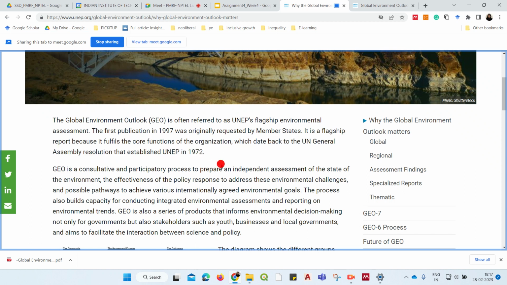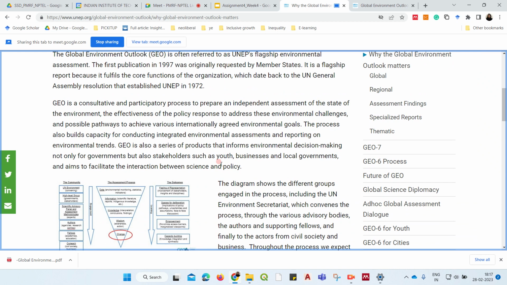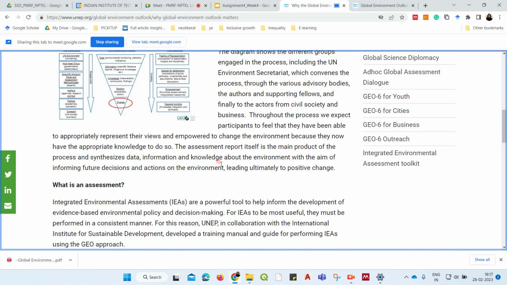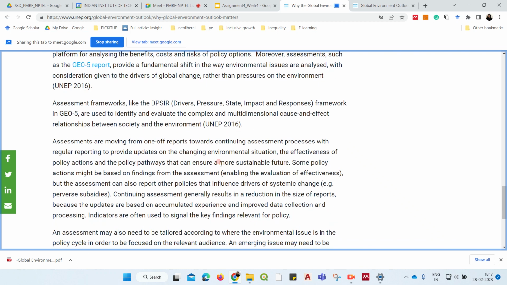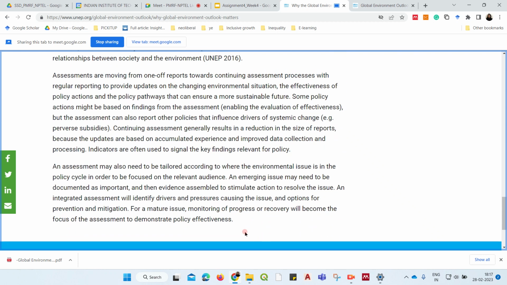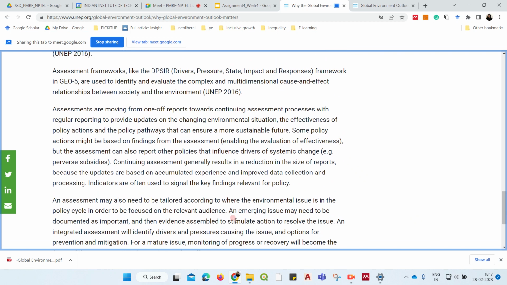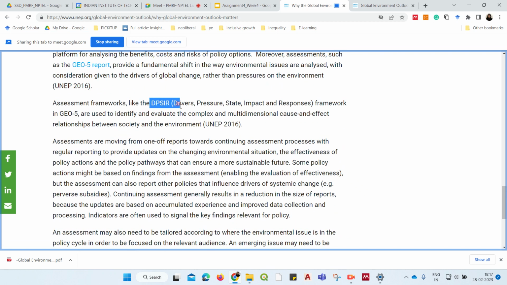So since 1972 UNEP has been consistently formulating and publishing this report, and they follow a particular framework in which they make this report. You can go and even see this framework here. So this is the framework which they follow.